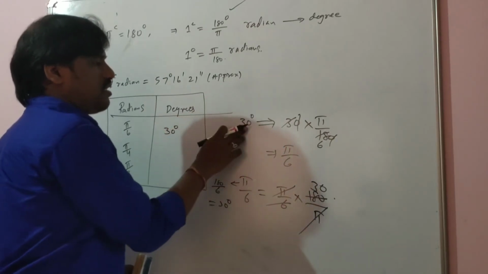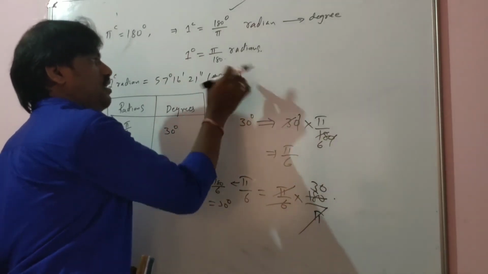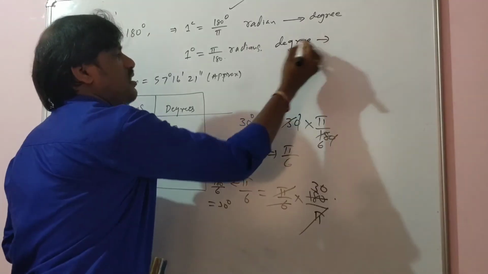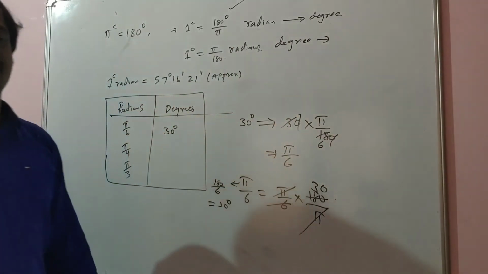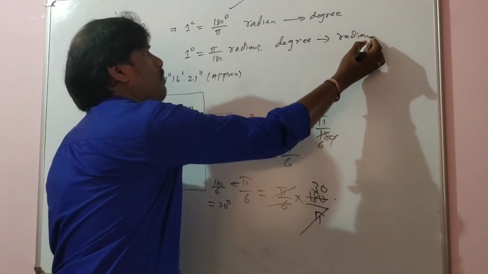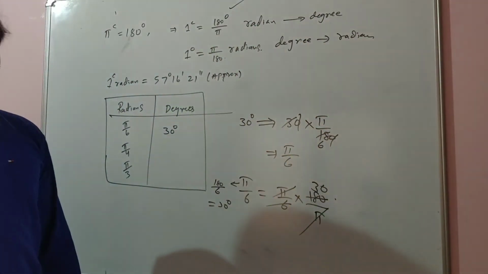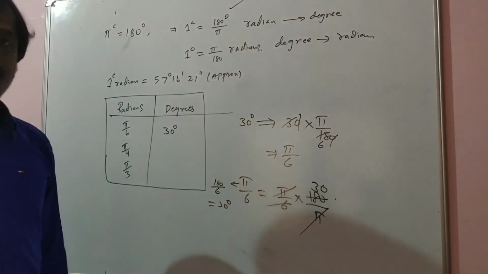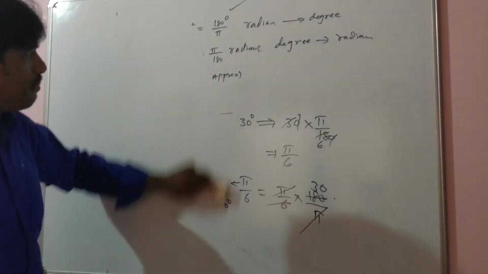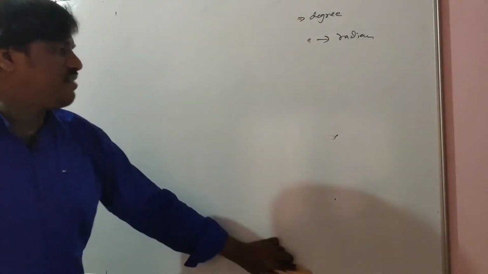Whenever I convert degree to radian, I multiply by pi by 180. This is the thing you have to remember. Degree to radian, multiply pi by 180. Radian to degree, multiply 180 by pi. That is the simplest way, and it is a basic concept of trigonometry. You should know the radians and degrees.